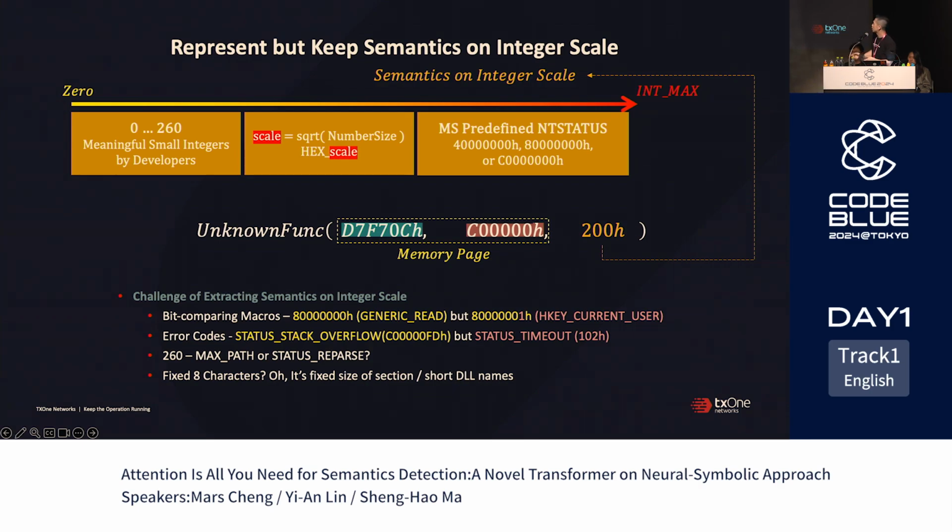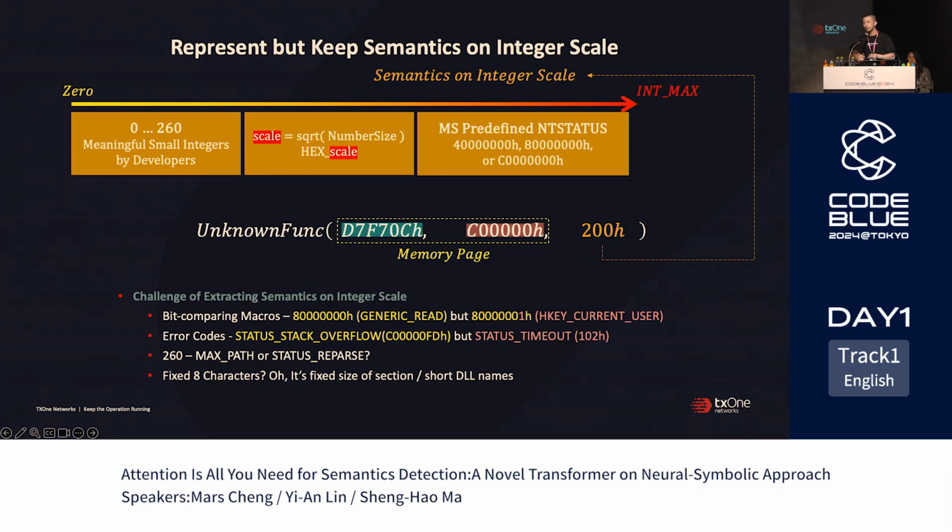For example, your Windows kernel receives an integer number like A0001, and the Windows kernel will say that is definitely an HKey Current User. Another case is a blue screen, BSOD, where the Windows kernel receives the error code C000FD, and it will say that maybe somewhere, some program triggered a segment fault or stack overflow.